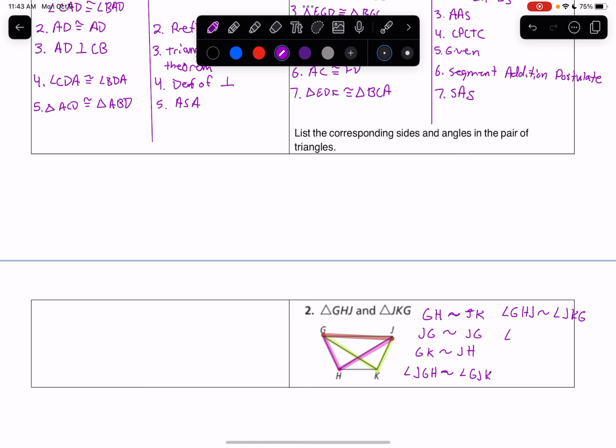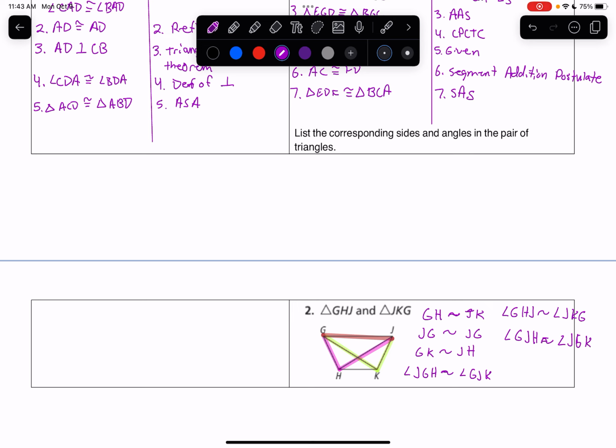And finally, which angle have I not covered yet? I have JGH. Nope, I have that one. GJH is what I need to cover. Angle GJH is corresponding to angle JGK.